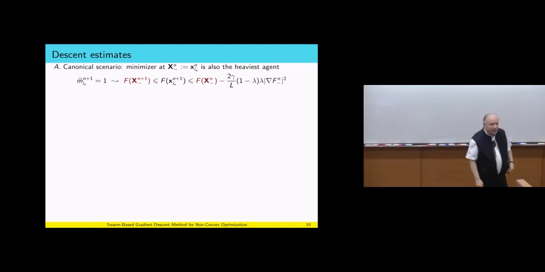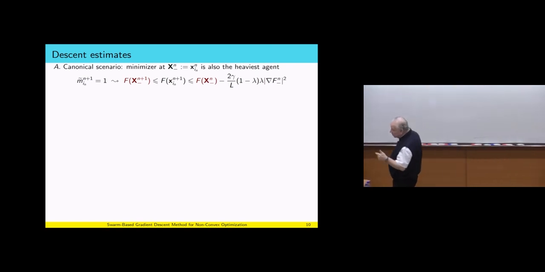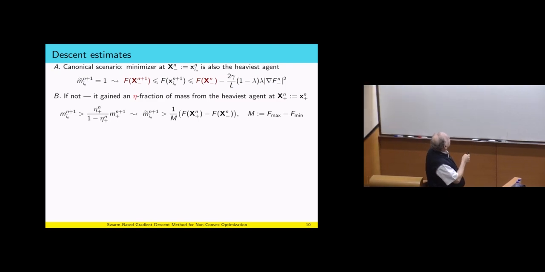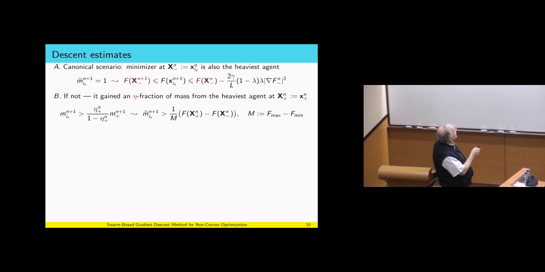Okay, but this is only the ideal scenario when the heaviest is the lowest, and we saw that this is not always the case. So now we have to take two more cases. If not, then we know that our lowest agent is not the heaviest, but it got an eta fraction of the mass from a heaviest agent somewhere. It must get a mass.